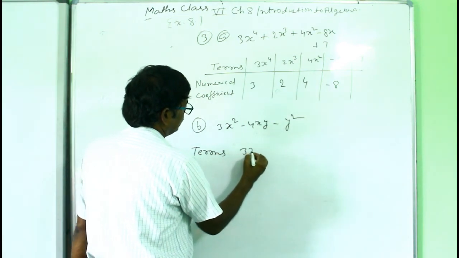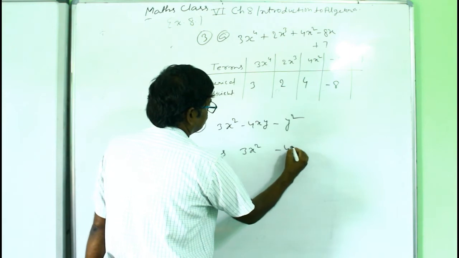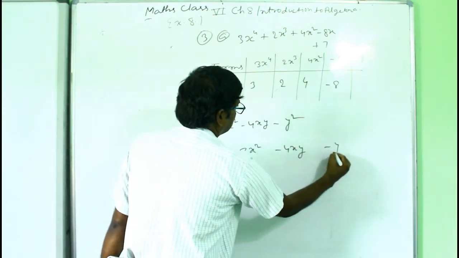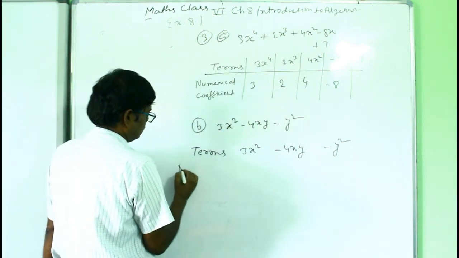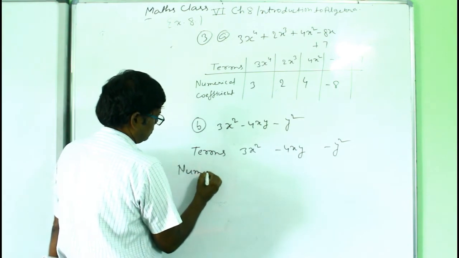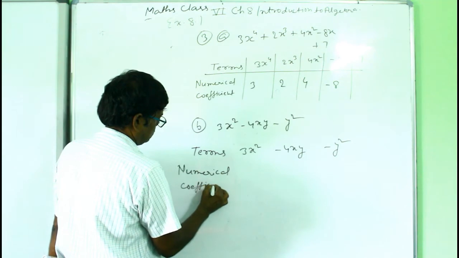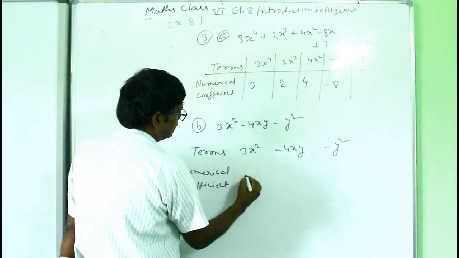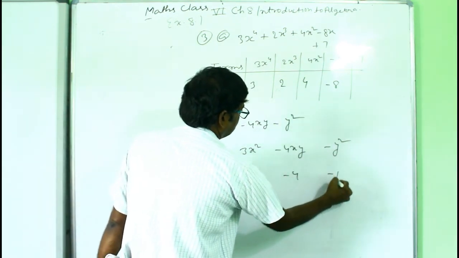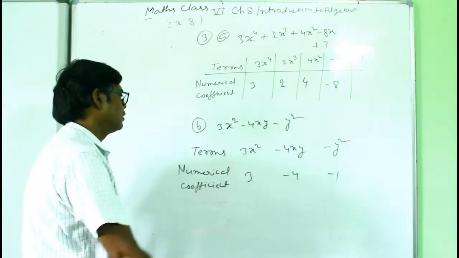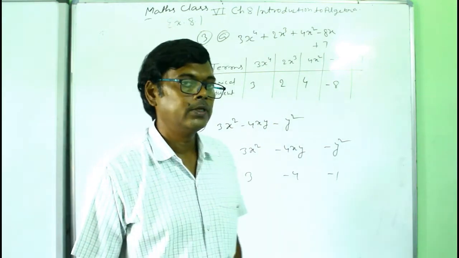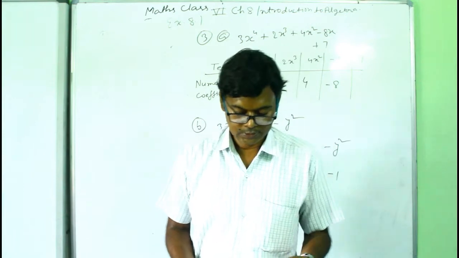Terms are 3x square minus 4xy and minus y square. Then here it is 3, here minus 4, and here 1 minus 1. So these are the numerical coefficients of the respective terms.